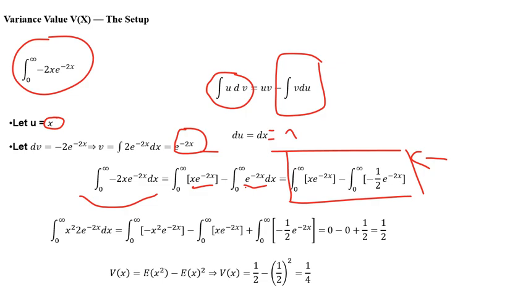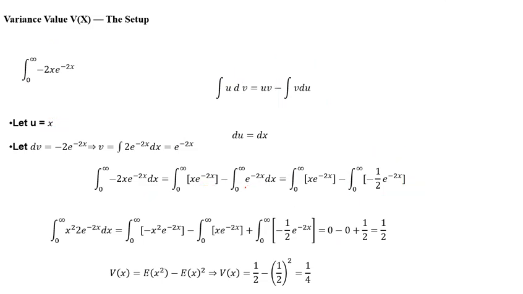So for this part, when we replace x by infinity we get 0. When we replace with 0 we get also 0, so it is 0. Minus, now let's find it here.